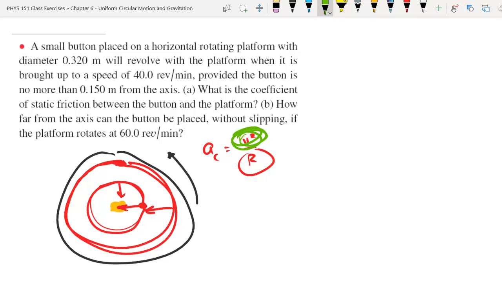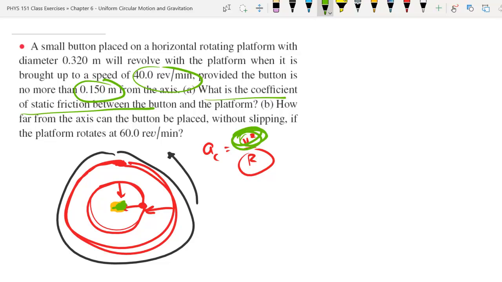So we need to find here the coefficient of static friction between the button and the platform in order for this button, which is placed 0.15 meters from the axis, to stay. This is the axis of rotation, kind of like it goes right into the screen here. And so it's 0.15 meters from the axis, and it rotates at 40 revolutions per minute.